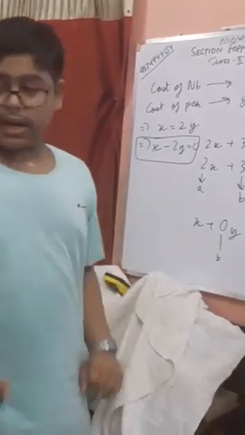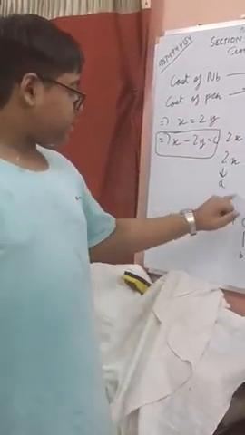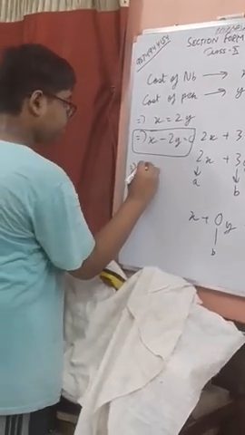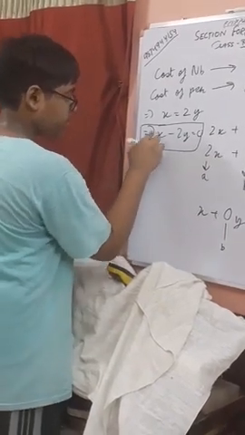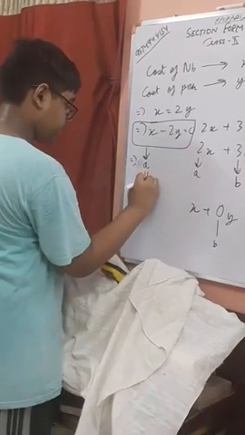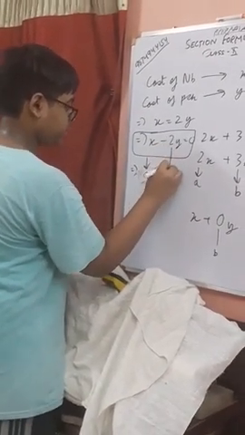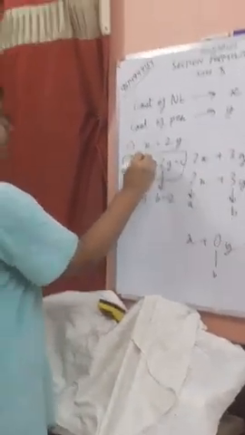Now if we were asked to write this in a, b and c format, it would be the coefficient of x, which is 1, so a is equal to 1, and the coefficient of y, b is equal to minus 2. The sign will be taken together.